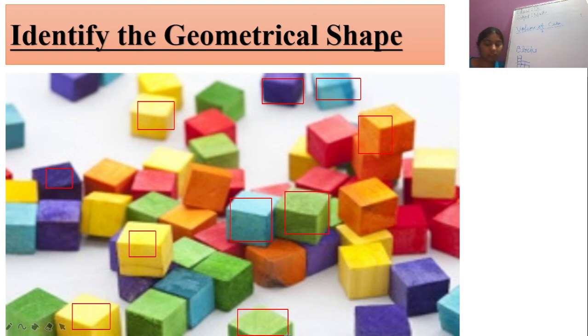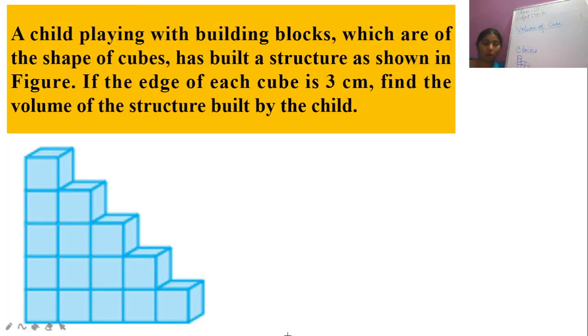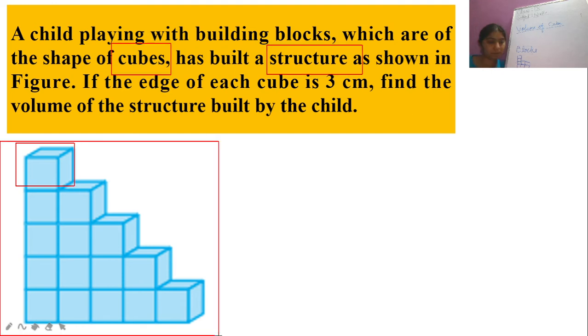So let's see what problem we have. A child is playing with these building blocks, which are in the shape of cubes, right? So this is a structure the child has made. She built a structure which is shown in the figure.